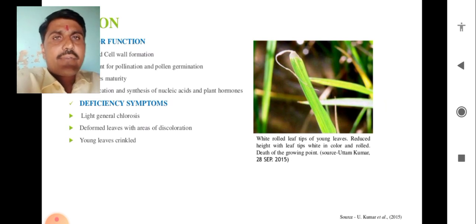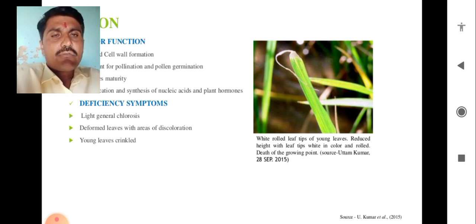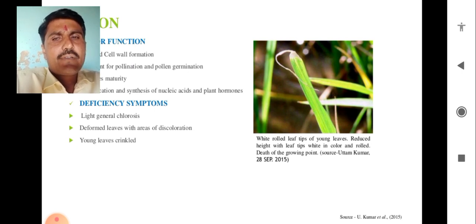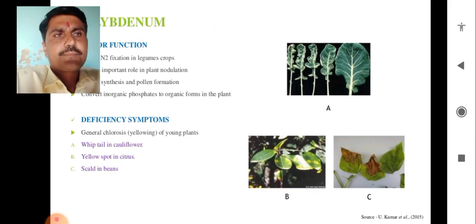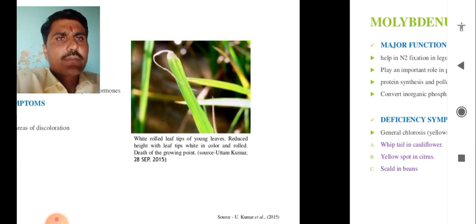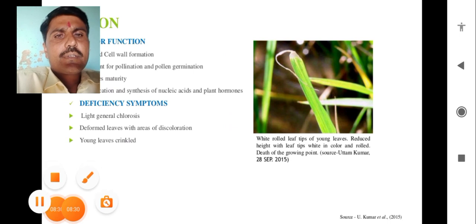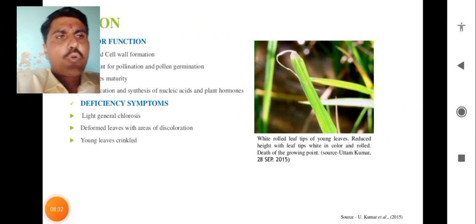We can also identify the deficiency: light general chlorosis, deformed leaves with areas of discoloration, and crinkled young leaves. So this is what we think about boron.